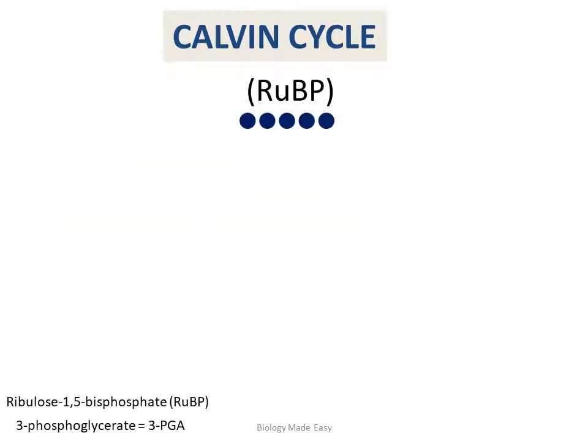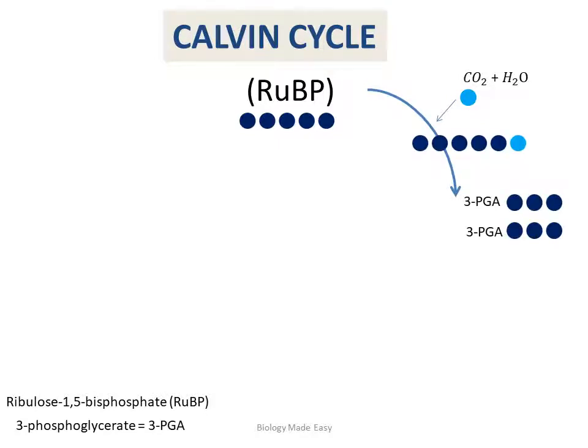This is the pictorial representation of the Calvin cycle, which begins with RuBP, you can see 5 carbons. 1 carbon of carbon dioxide combines with RuBP, and the 6 carbons immediately break down to produce 2 3-PGAs of 3 carbons each. These are then reduced by NADPH.